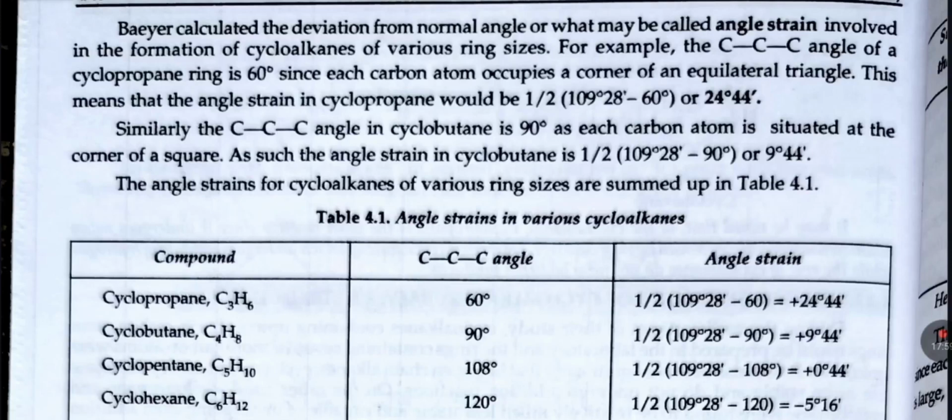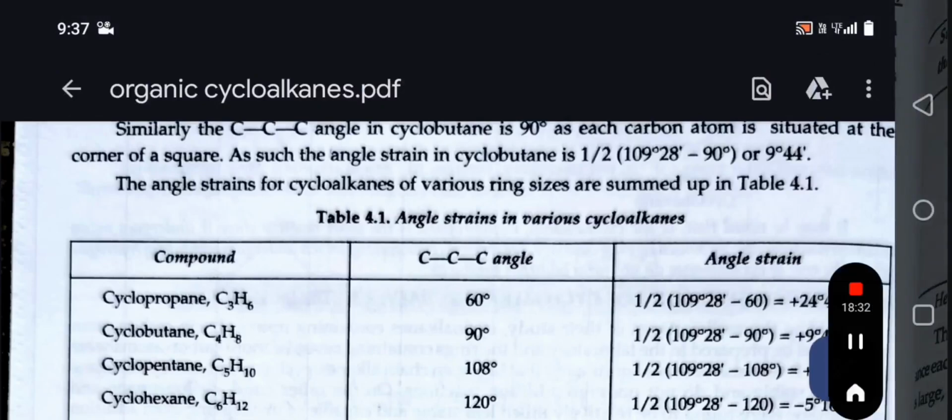Similarly, the CCC angle in cyclobutane is 90 degrees, as each carbon atom is situated at the corner of a square. As such, the angle strain in cyclobutane is 1/2 of (109 degrees 28 minutes minus 90 degrees), or 9 degrees 44 minutes. The angle strains for cycloalkanes of various ring sizes are summed up in table 4.1.